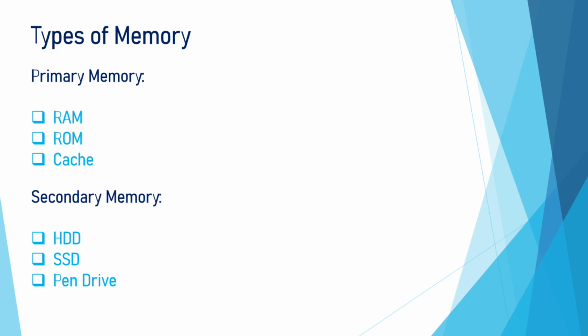Primary memory includes RAM, ROM, and cache memory, which we will see in detail. And the secondary memory includes hard disk drives, SSDs, pen drives, DVDs, etc. that we have already seen in the previous lesson.